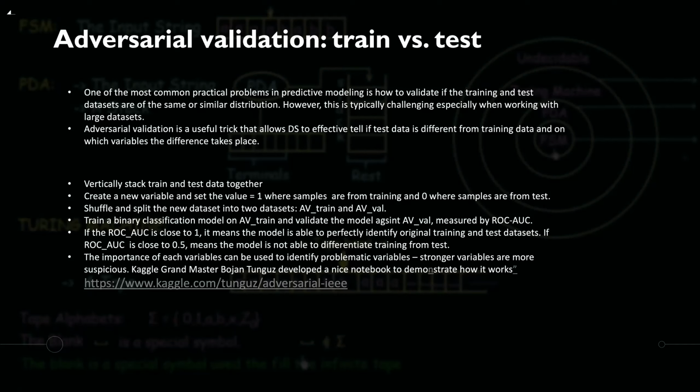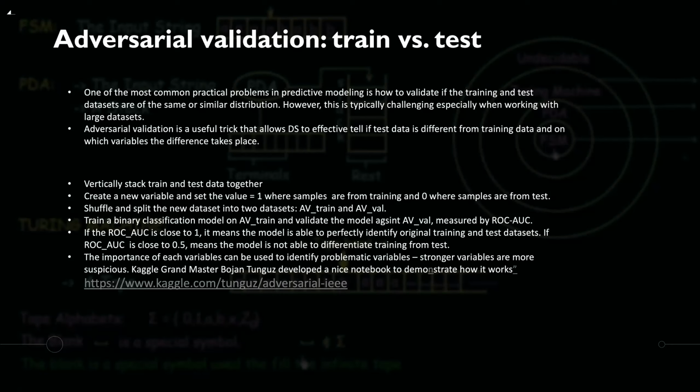In a typical scenario, we probably have to work with thousands of features and millions of samples. So when new data comes in, how can we tell if the distribution remains the same or similar?